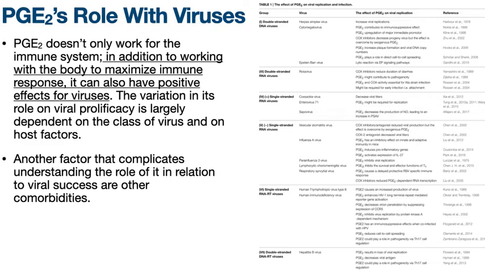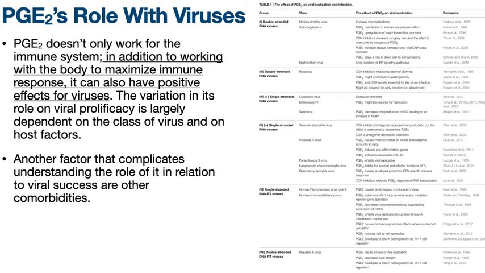So if you look at that chart on the right, which again is taken from the paper I'm reporting on, you can see that based off the class of virus, there's different research that's been done on specific types of those classes of viruses that can show how it affects the expression of the virus, its reproduction, everything.